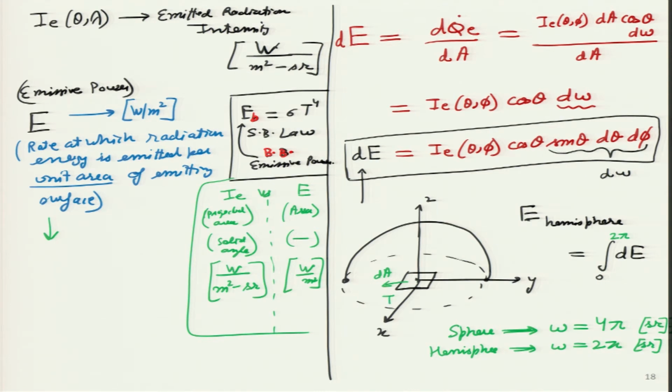So, it has to have a finite temperature. I want to figure it out for the whole hemisphere, which means I can go ahead and integrate this green star equation over here. Can I do that? Let us do it on the next slide. So, what I am going to do is integrate this green star equation in order to get E hemisphere.